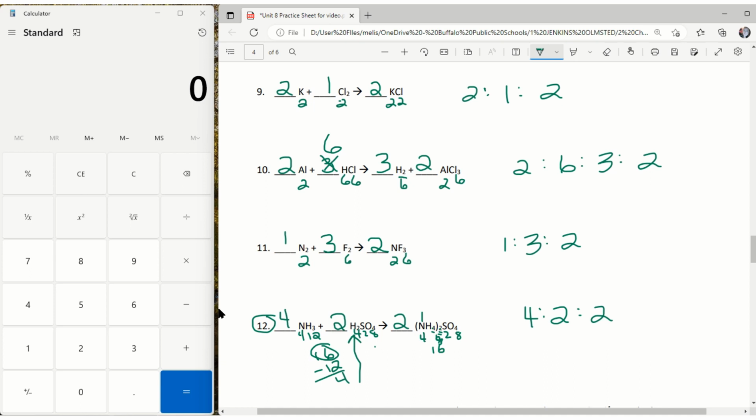You betcha. I can divide them all by 2. So this is going to be 2 to 1 to 1. Although the numbers balance, the correct answer is this because I need the smallest whole number coefficients always. Okay? So there's some balancing practice.